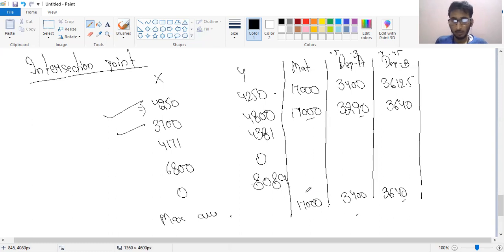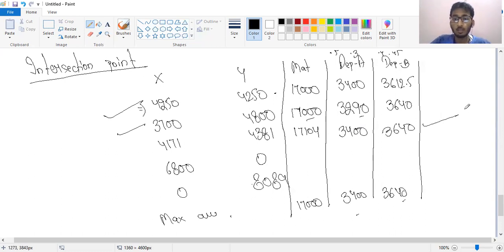4171 multiplied by 2 and 4381 multiplied by 2, 17104. 4171 multiplied by 0.5, 3400, and 3640.